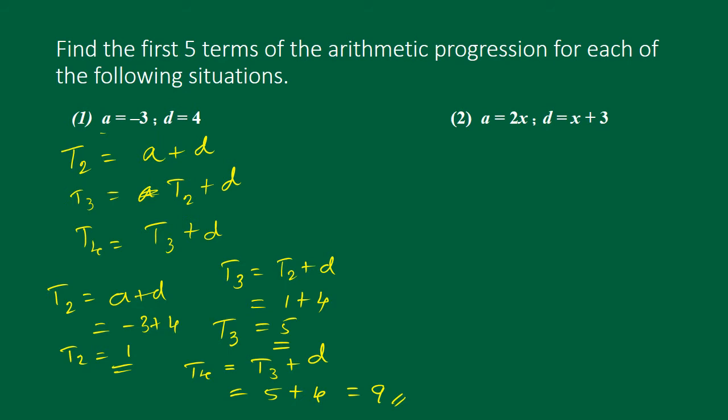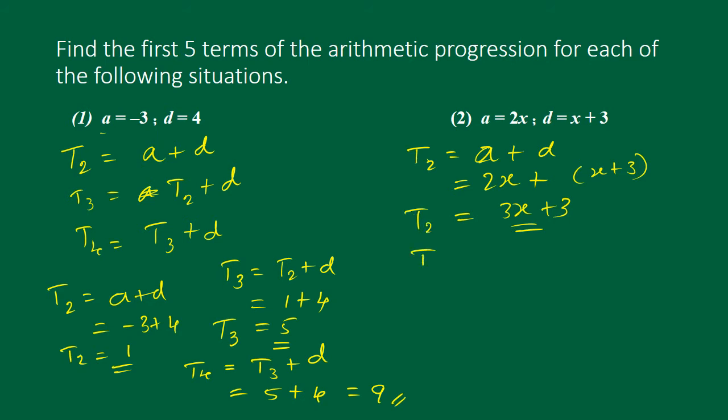And here in the same way, t1 is a, that means the first term, right? t2 is a plus d, that means 2x plus x plus 3, that means 3x plus 3.